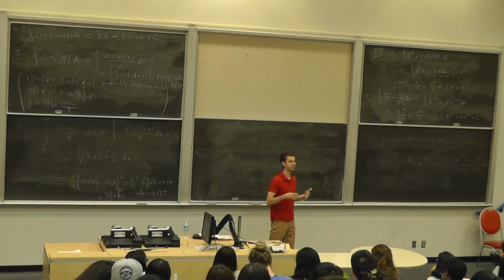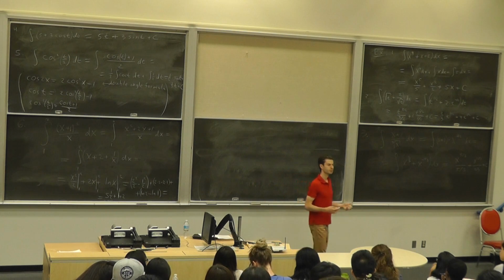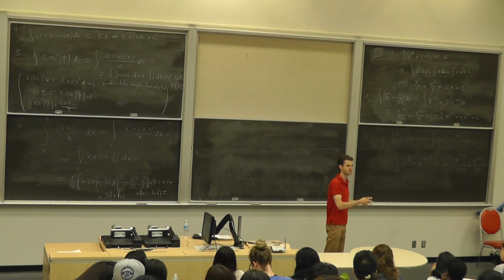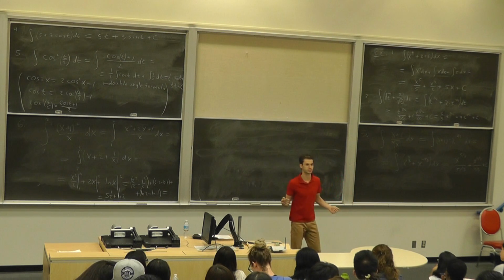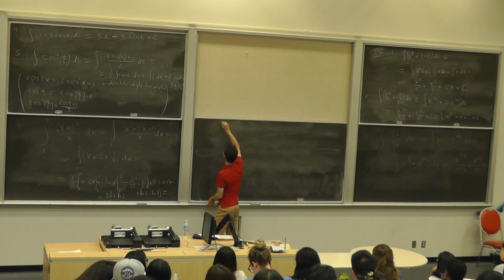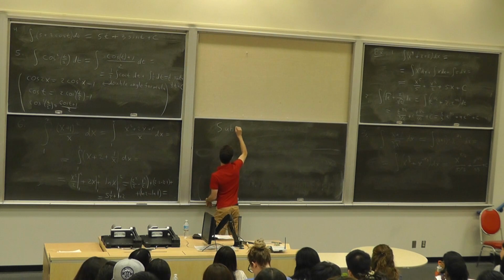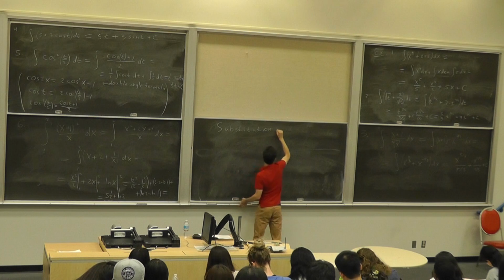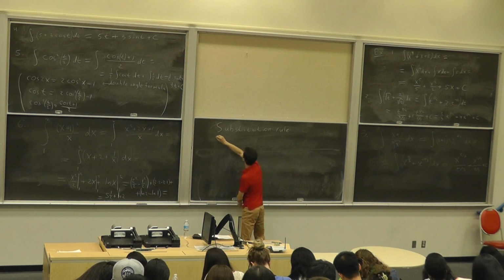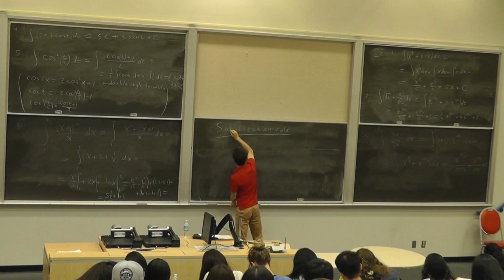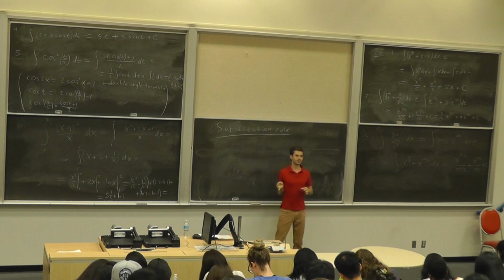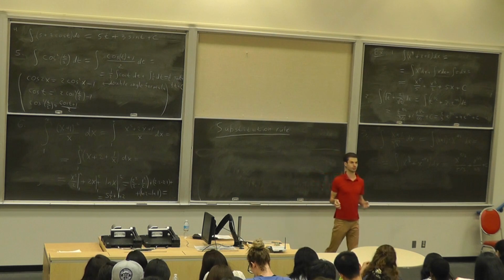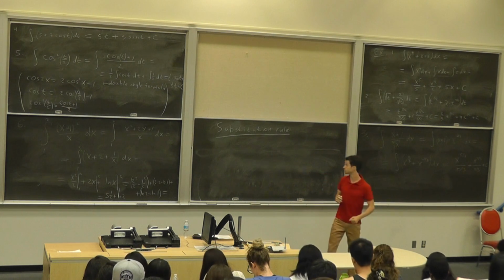Not thinking about how to find the derivative of something, but trying to recognize when something is a derivative of something else. So let's talk about what's called the substitution rule. It is the counterpart of the chain rule for differentiation.